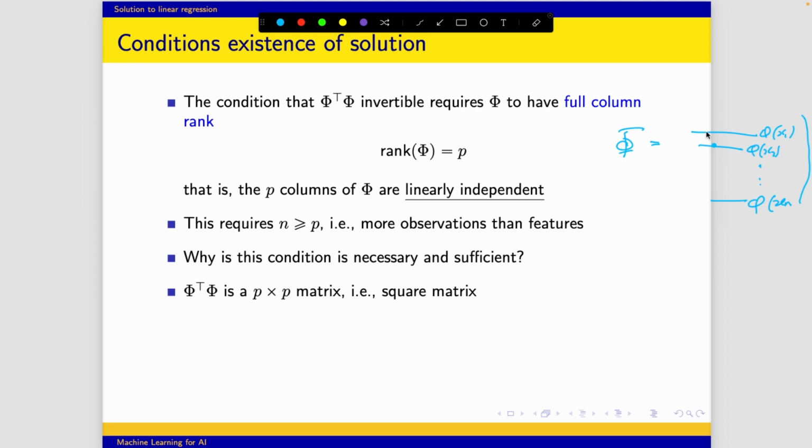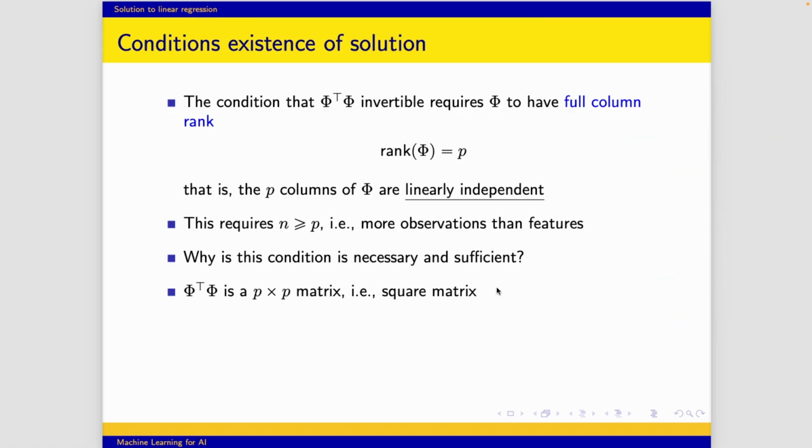So what size is it going to be? It's going to be n this way, little n this way, and p this way. There are p basis vectors. So it's n by p. So phi transpose is going to be p by n, and we're multiplying that by phi, which is n by p. These inner dimensions will kill each other, and so we end up with a p by p matrix, a square matrix.